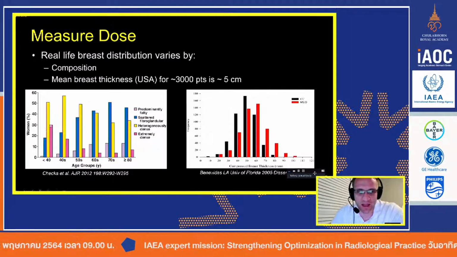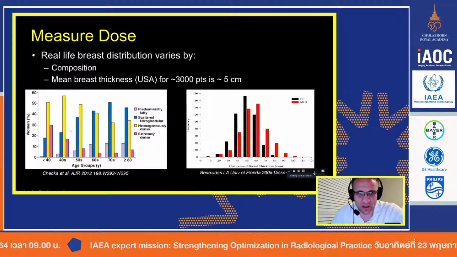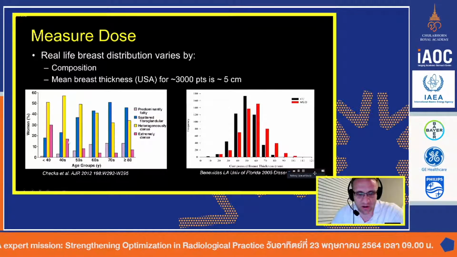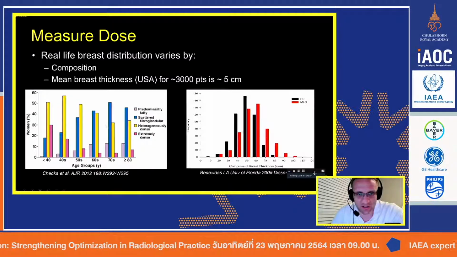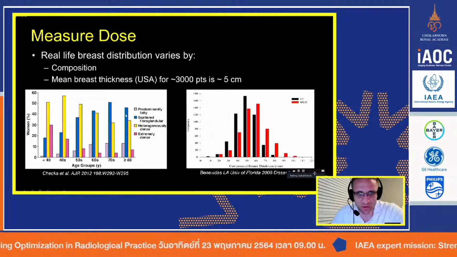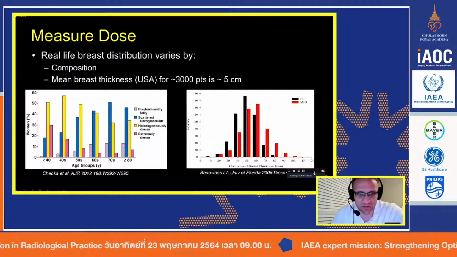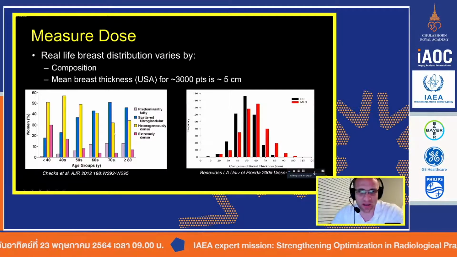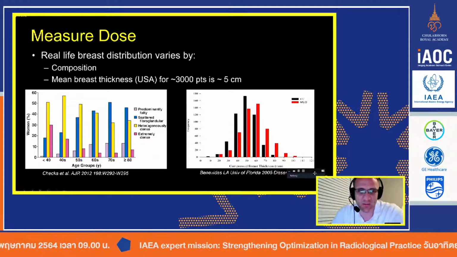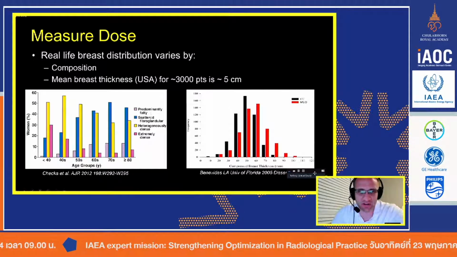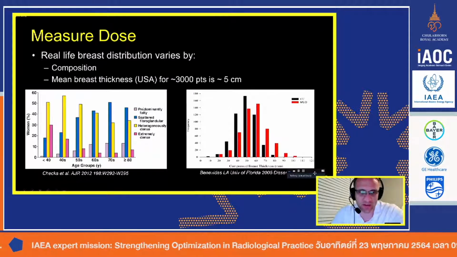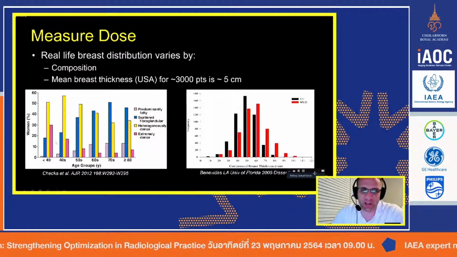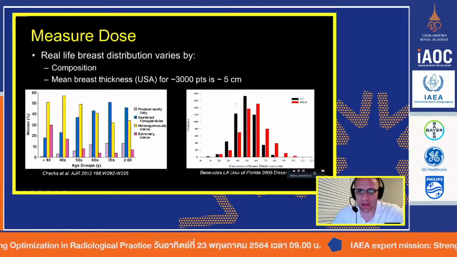And then as you get older, you see that on the right side the dark purple and yellow start to shrink, and this blue and light lilac color starts to increase. So as we get older, it becomes less dense, more scattered fibroglandular, and it trends towards fatty. So we already know this. I mean, we know this by inspection. We've been looking at mammograms now for many decades.